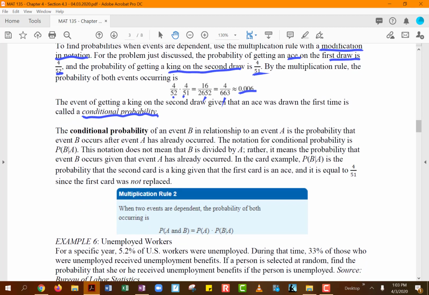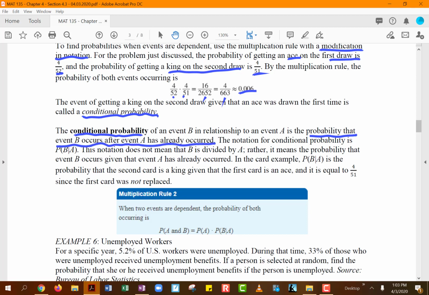Let's take a look at that before we get into our second multiplication rule. Conditional probability, for an event B in relationship to an event A, is the probability that event B occurs after event A has already occurred.